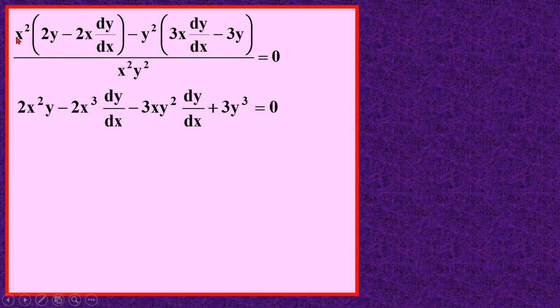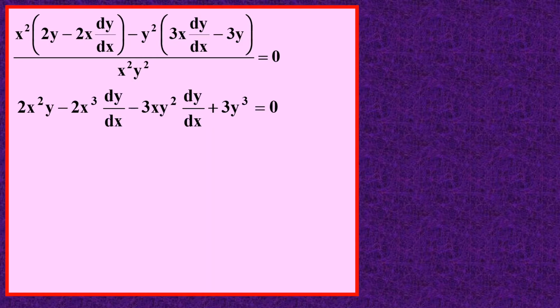So what happened here is my x squared multiply in with 2y, x squared with this one, 2x squared dy dx, and minus, here's my minus, y squared multiplied by 3x, so 3xy squared, and the dy dx of course, and negative y squared multiplied with this one, I will get 3y cubed. Okay, everything put nicely.